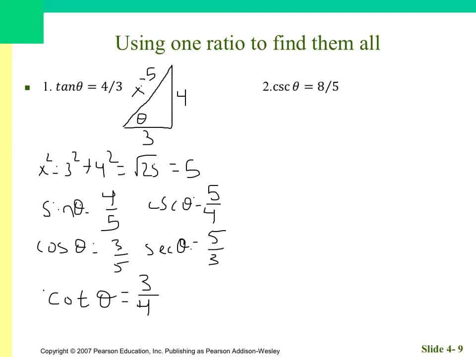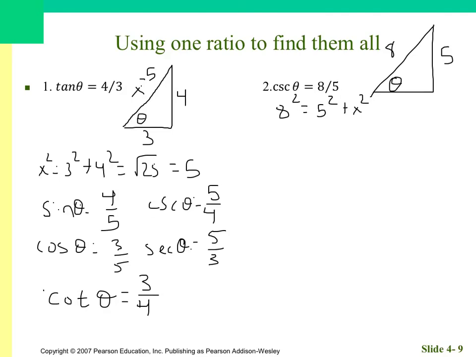So cosecant. We call this theta. Well, I know sine, it's the inverse of sine. Sine is opposite over hypotenuse, so this is hypotenuse over opposite. So for this one, you'd say 8 squared equals 5 squared plus x squared.